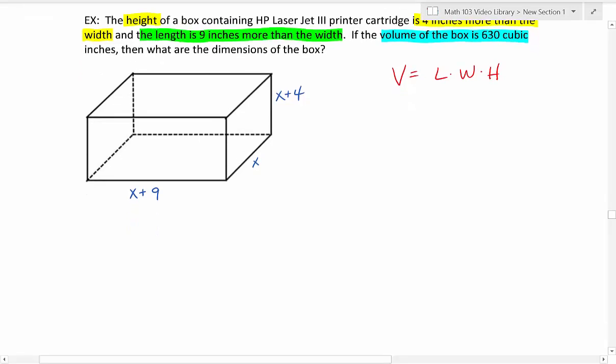We can write ourselves an equation. Our volume, 630, is going to be equal to the length times the width times the height. Now, I did put the width first just because we like the monomial factors first, and that's no big deal since multiplication's commutative.